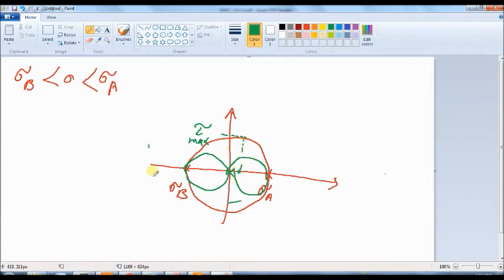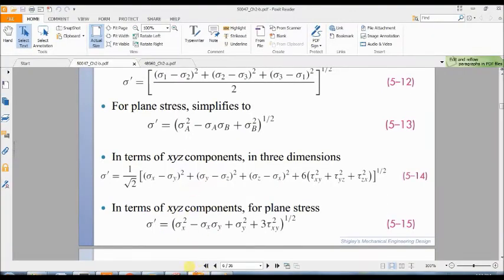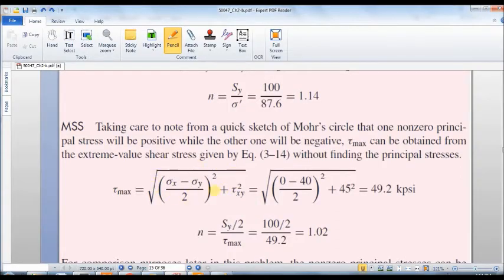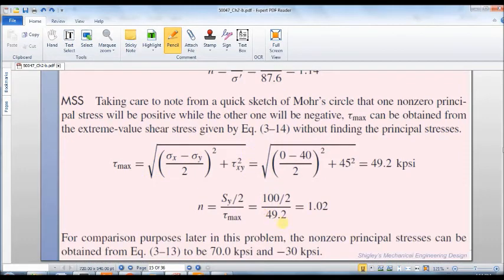Sorry, the circle is not accurate. Anyway, because we have two positive principal stresses, we can use the equation of the Mohr's circle to find maximum shear stress. And then after we find the maximum shear stress, we can find the safety factor.